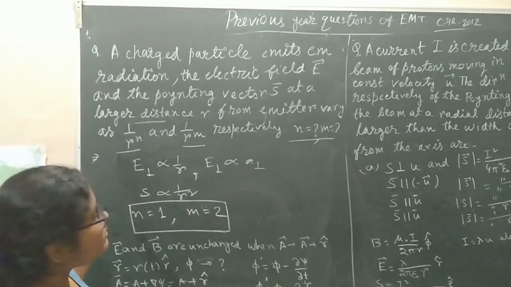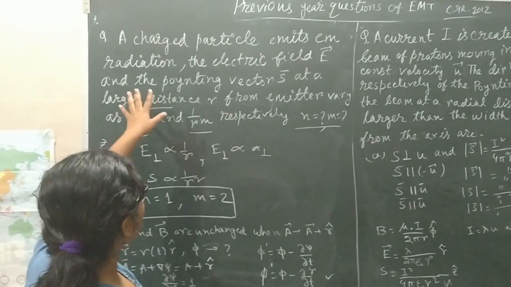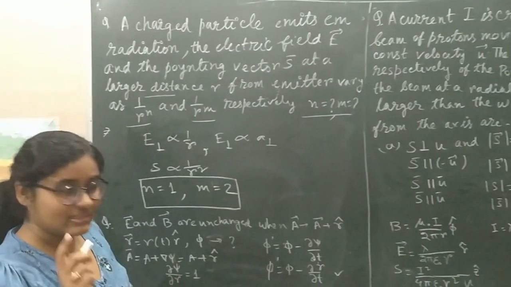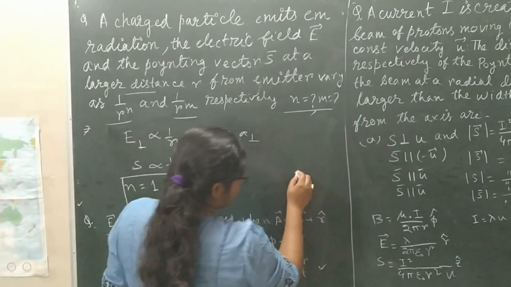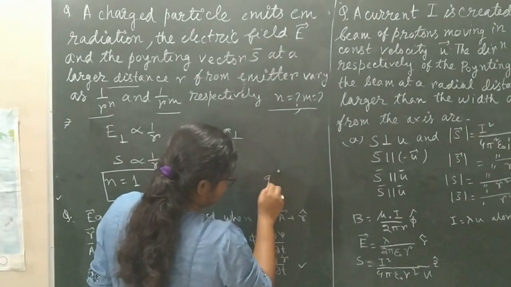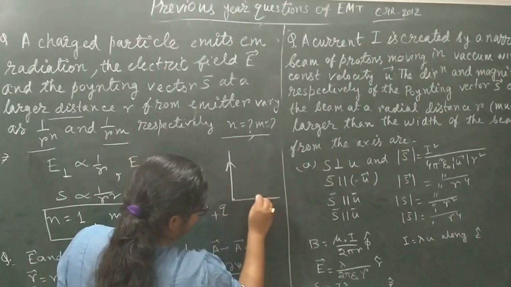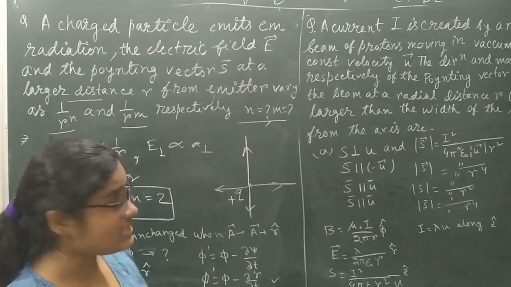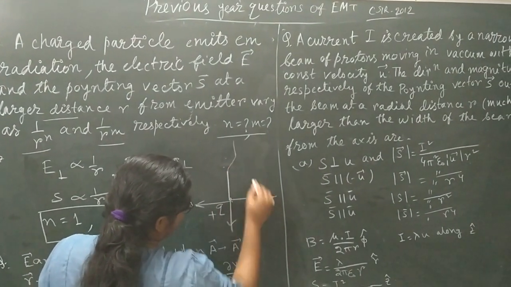But let me say something about the physics behind the question, that is, the charged particle. Only when the charged particle accelerates will you get electromagnetic radiation. Suppose there is a positive charge, and the electric flux will be radially outward, and whenever the charged particle is accelerating, there will be a bending of this electric flux.